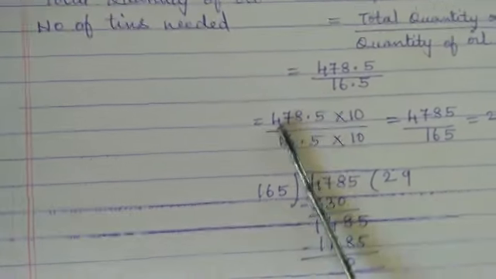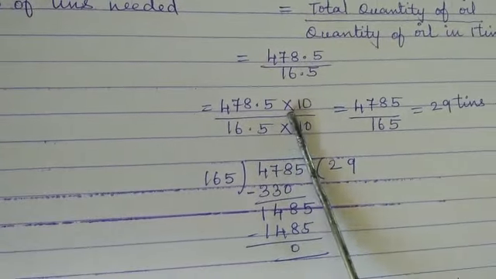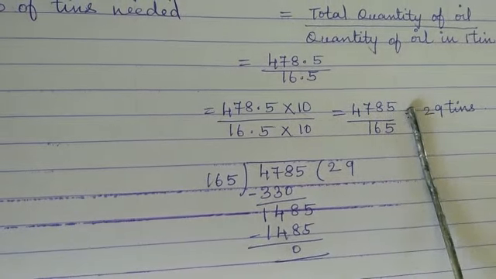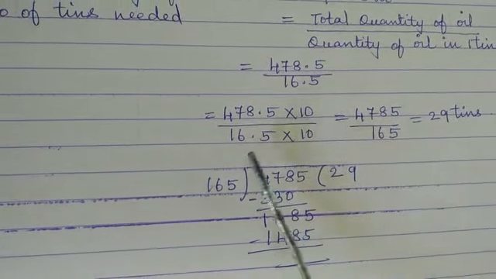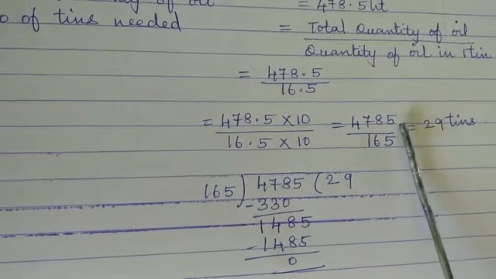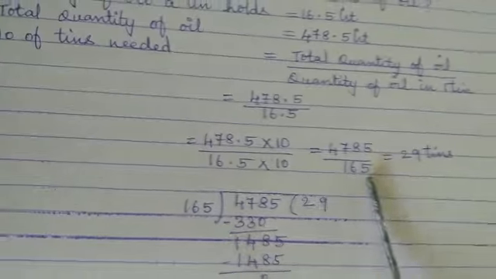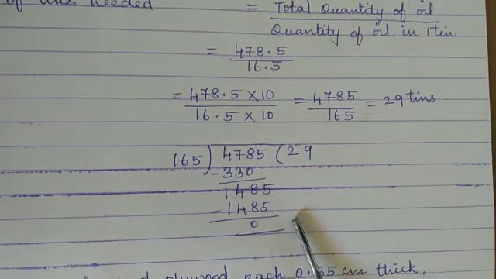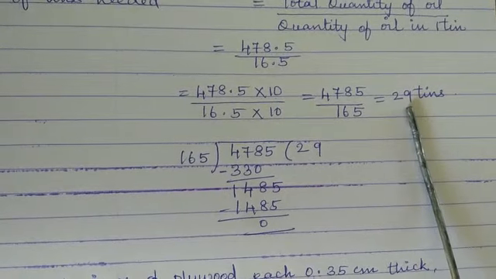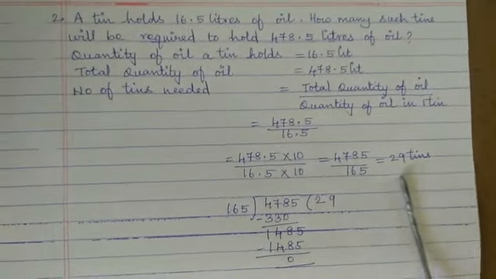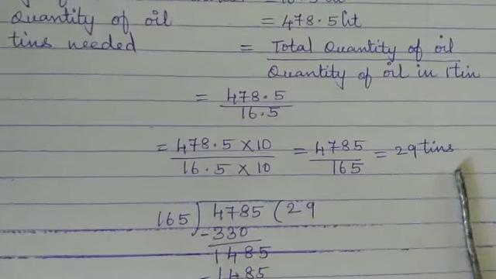That is, 478.5 multiplied by 10 is equal to 4785, and 16.5 multiplied by 10 is equal to 165. This is the normal division, whole number by whole number. So you do the process as normal division, then you get the quotient, that is 29. So the number of tins needed is equal to 29.